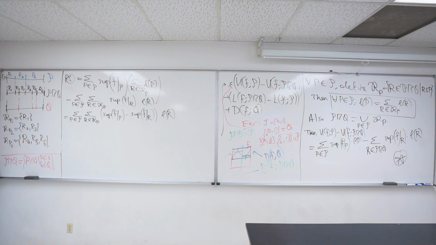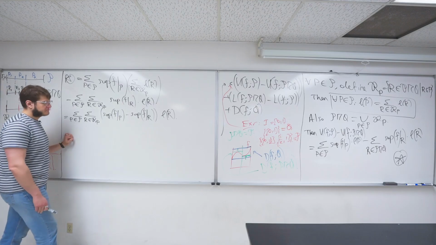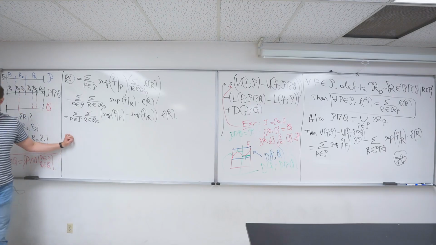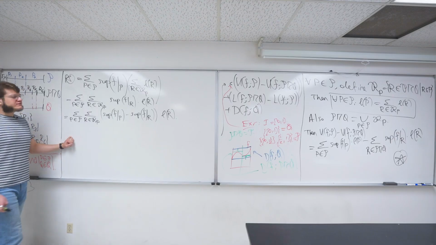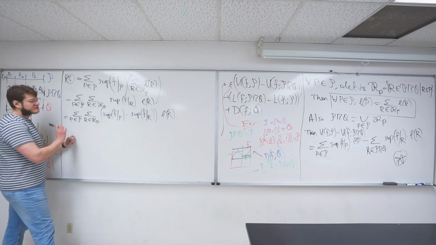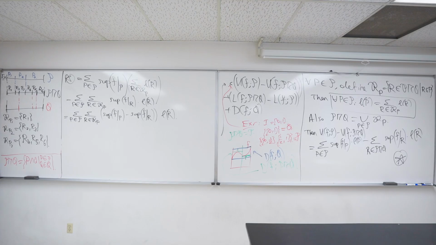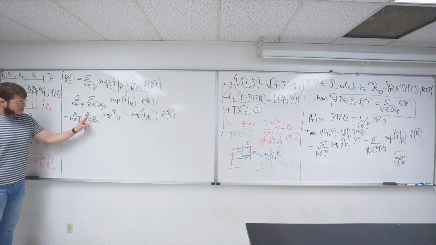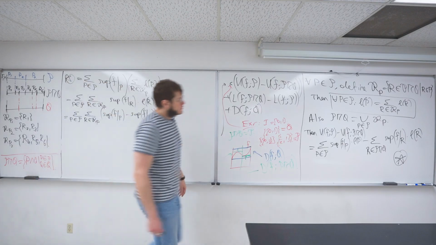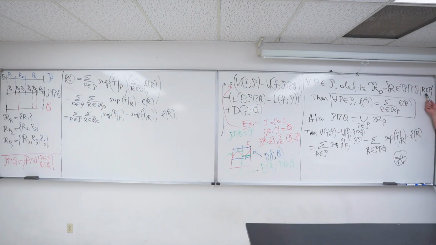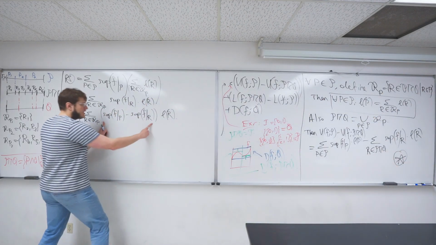Now, here's the fun part. Even though this is correct, this expression kind of overcounts by virtue of the fact that for many pixels in R, P is going to be equal to R. So look at this, for instance. In this case, P1 was equal to R1. It could happen that even though R is in P, if R were equal to P, then the heights would cancel.